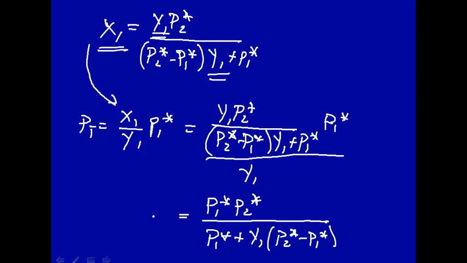There we go. So the total pressure is a function of the mole fraction in the vapor phase. And recall that Raoult's law says the total pressure is a linear function of the mole fraction in the liquid phase.